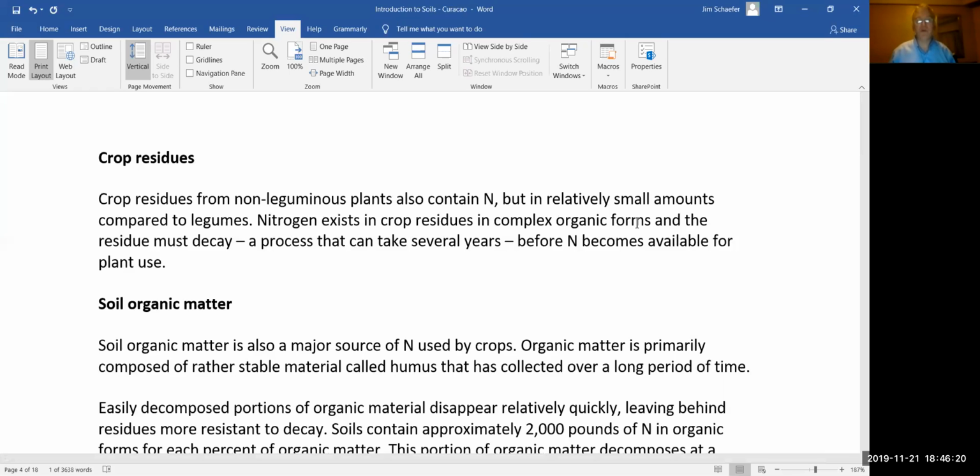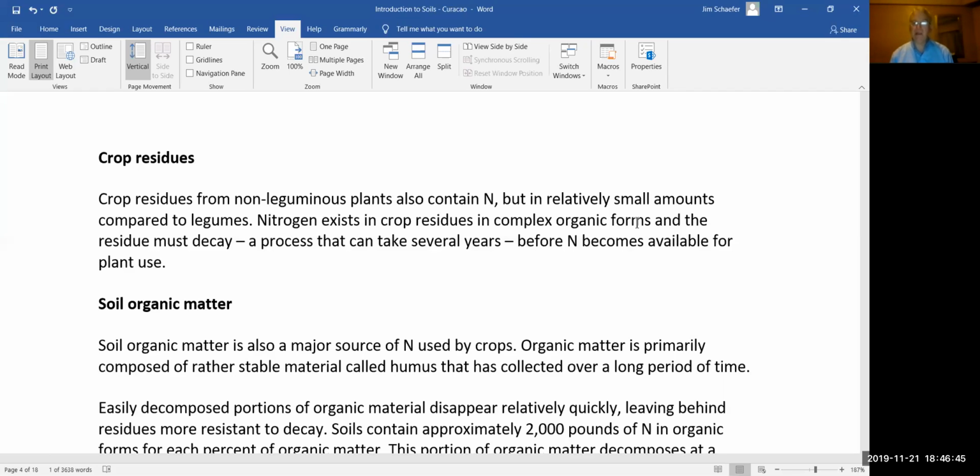When it is broken down by microorganisms, those microorganisms use the nitrogen in the crop residues to produce chemical molecules that contain nitrogen. The most common organic chemistry that contains nitrogen is protein.